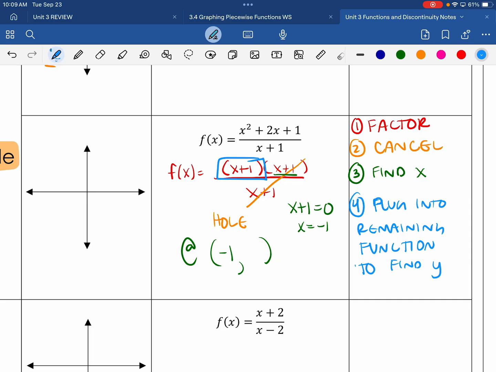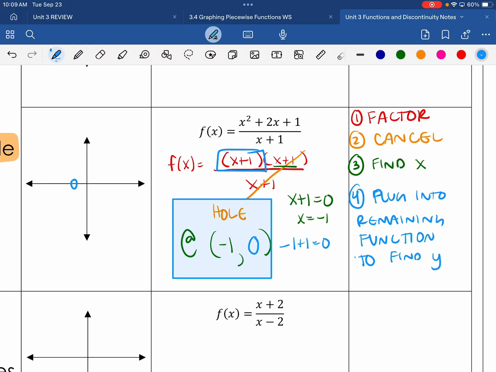Does that make sense? So to figure out this y value, I'm going to take -1 and plug it back into what's remaining. And that's where my hole will be. So -1 plus 1 is going to give you 0. So the y value would be 0. So on my graph, I would have a hole at -1, 0, and the rest of my graph is going to look like that leftover function, the x plus 1.